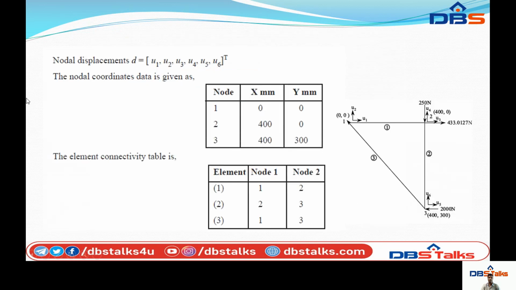After that, the nodal displacements D, since three elements are present and every element has two nodes, equal U1, U2, U3, U4, U5, U6 transpose. This is a transformation matrix, so I'm making it a transpose.